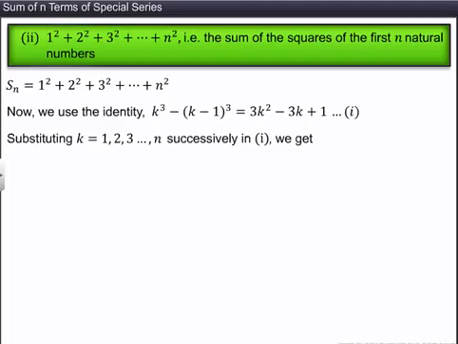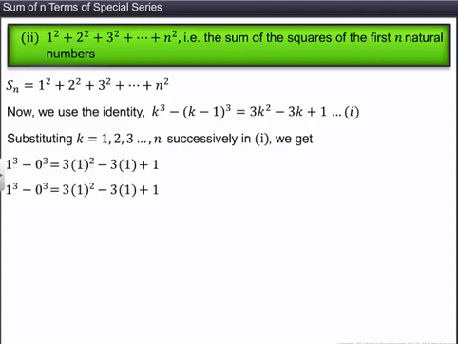1 cube minus 0 cube is equal to 3 into 1 square minus 3 into 1 plus 1. 2 cube minus 1 cube is equal to 3 into 2 square minus 3 into 2 plus 1. 3 cube minus 2 cube is equal to 3 into 3 square minus 3 into 3 plus 1.